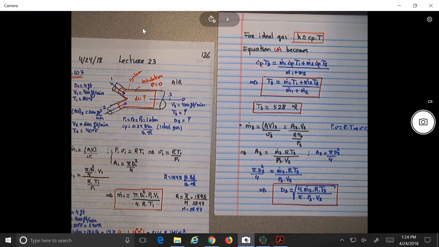So over here, I think units should be okay because velocity is in feet per minute. P3 we know is 2116.8. We know R, we know T3, we know pi.